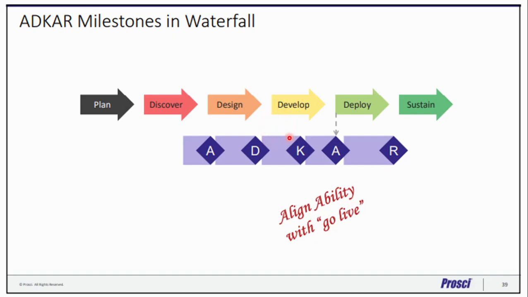This system will have a screen to delete customers or add customers. But the ability to do it will come at the UAT stage or the go live stage. Going backwards, awareness is at the beginning of the project, and desire is somewhere here where each individual decides to participate in the project. And after go live, you have to reinforce, so that people won't go back to their old method of doing work.